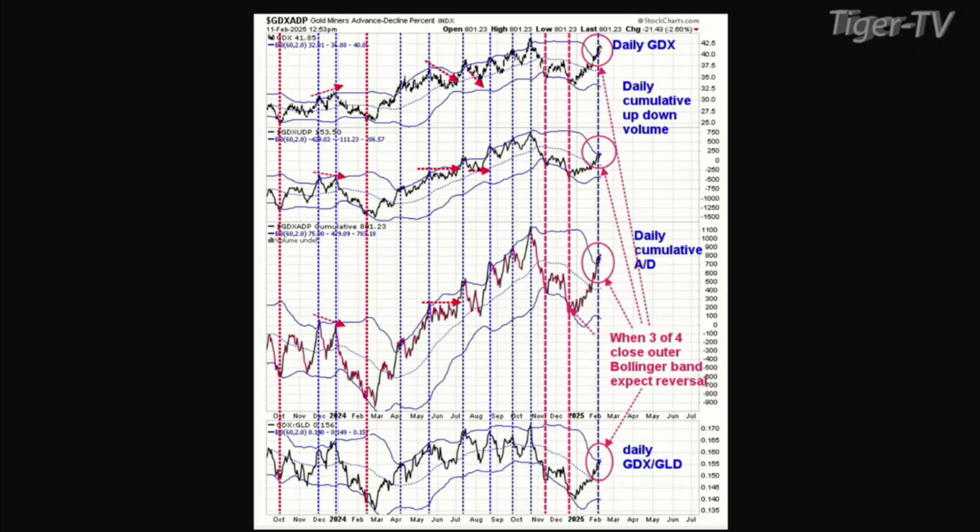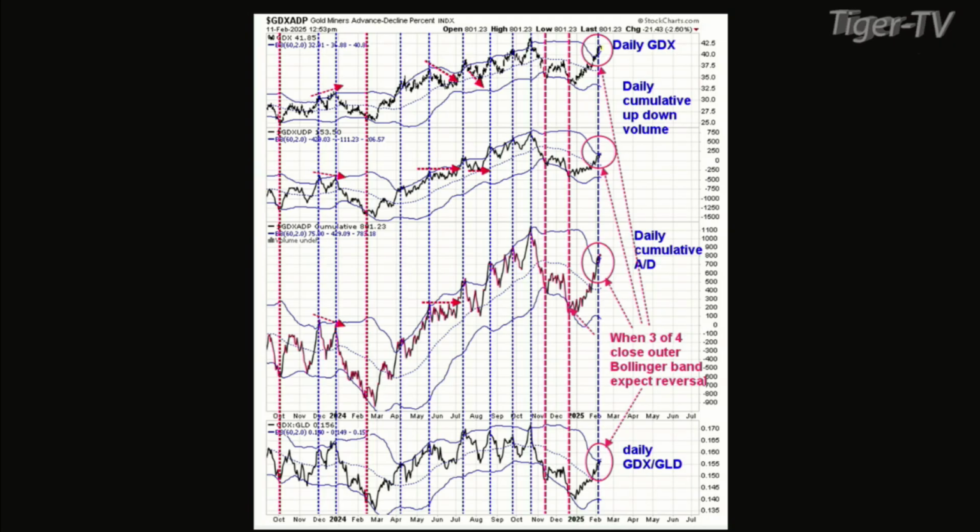I put the Bollinger Bands on there because normally if you start hitting above the upper Bollinger Band, you're running into resistance. And all four of those indicators, the GDX, the up-down volume, advance-decline, and GDX/GLD ratio, are hitting the upper Bollinger Band. So the market has gotten away from the mid Bollinger Band too far. Normally it pulls back to the mid Bollinger Band.